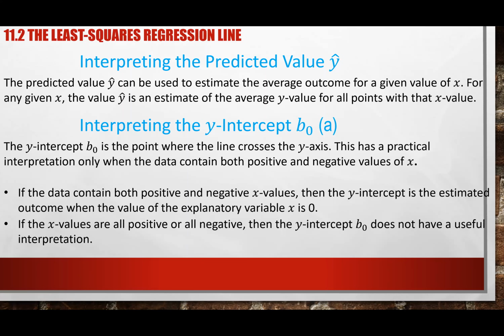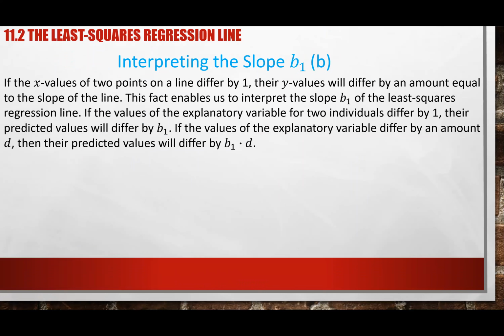The other one is the unique one, the slope. The slope is your b, the number in front of the x. They tell you that if two points on the line differ by 1, or as a matter of fact, by whatever the difference is, and they give you the difference between the x, all you need to do is take that difference and multiply it by the slope.